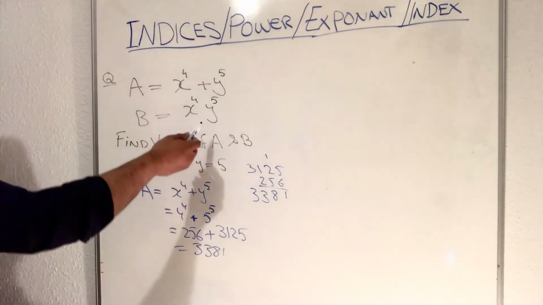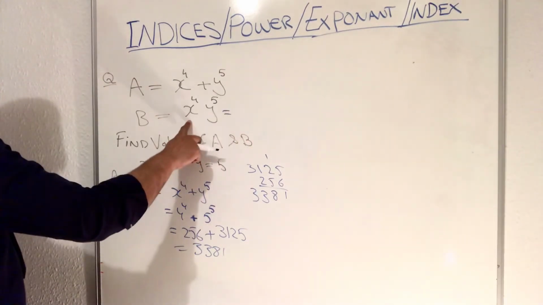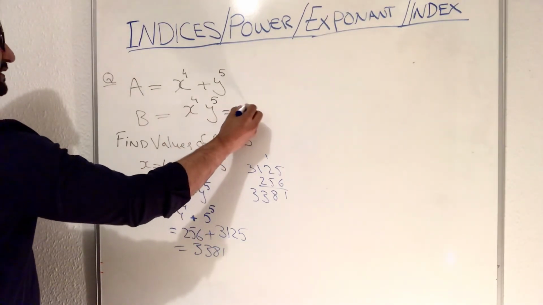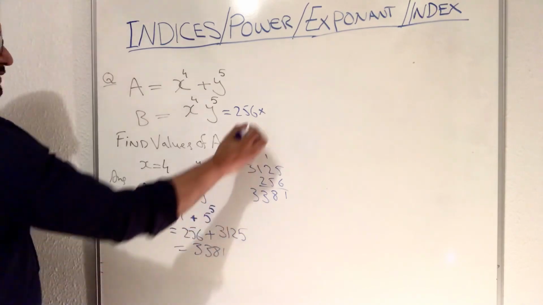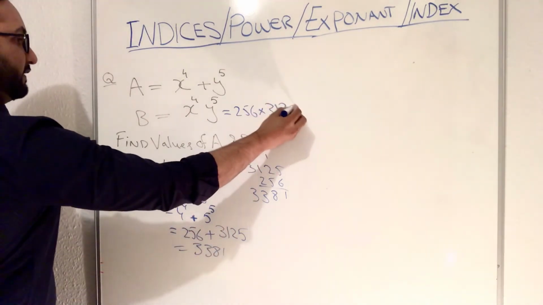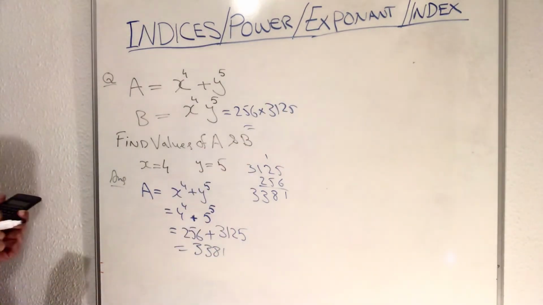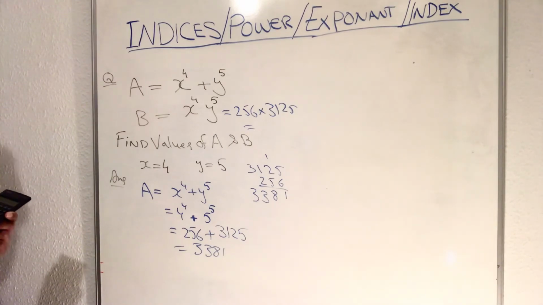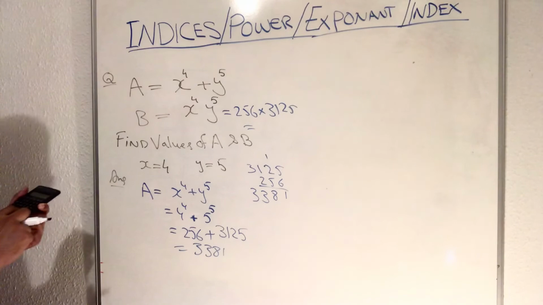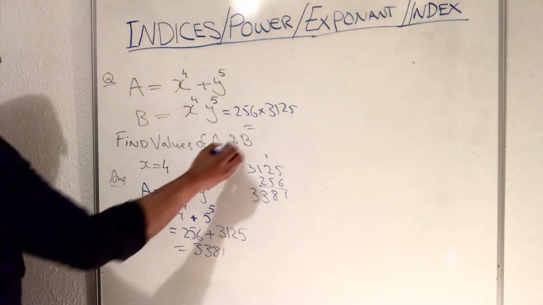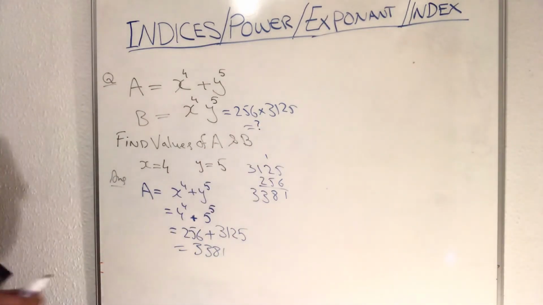Secondly, again for b, what is x power 4? 256, times 3125. Then multiply these values together, and now you get the answer here. That's an exam-based question.